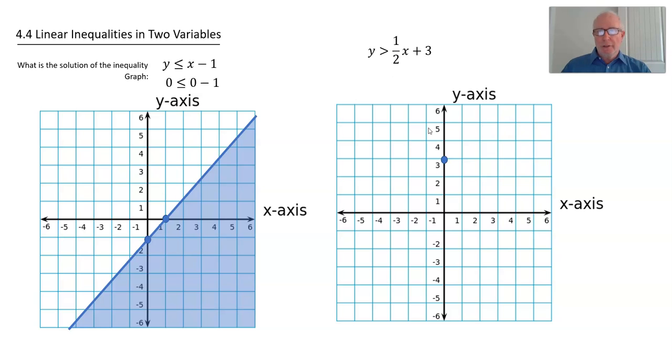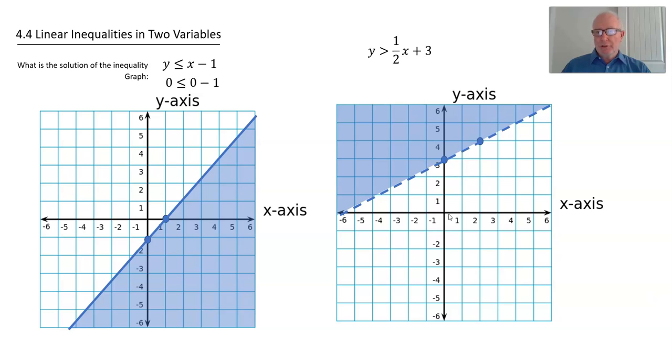The slope is 1/2, so we're going to go up 1 and over 2 and plot that. Now this time there's no equals to. Since there's no equals to, then that's a dotted line. It says anything on that line is not part of the solution. And now greater than is above the line, so that's where we shade.